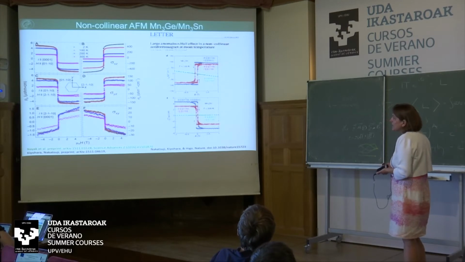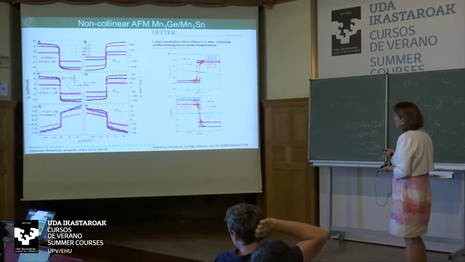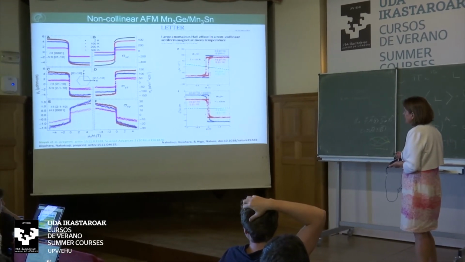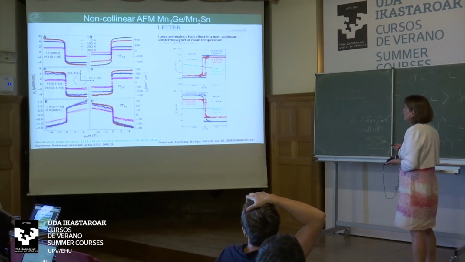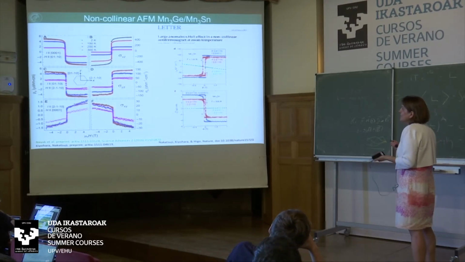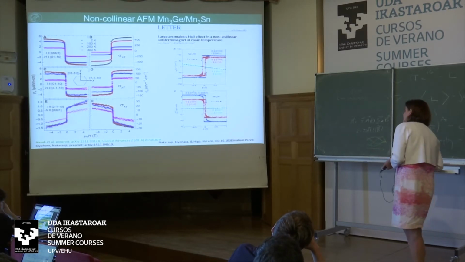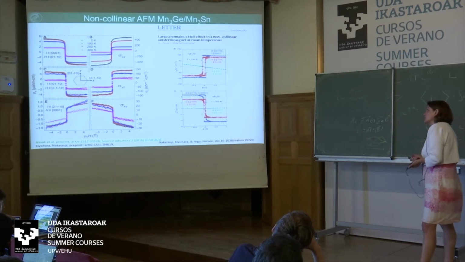Anyway, experimentally, indeed, you see a large anomalous Hall effect in this material, and this was even from our Japanese colleagues, inspired by our theoretical paper, published in Nature, because there's a large anomalous Hall effect in an antiferromagnet. This was already predicted by Nagaosa, that it should be possible, but this was the first experimental realization.